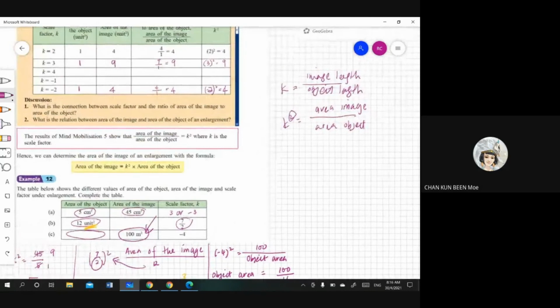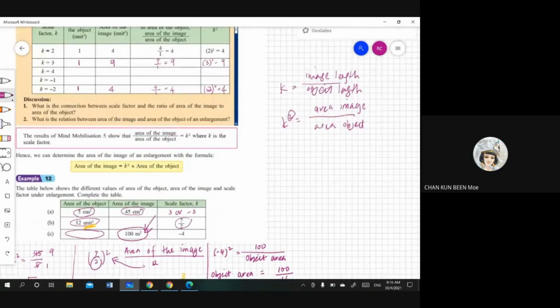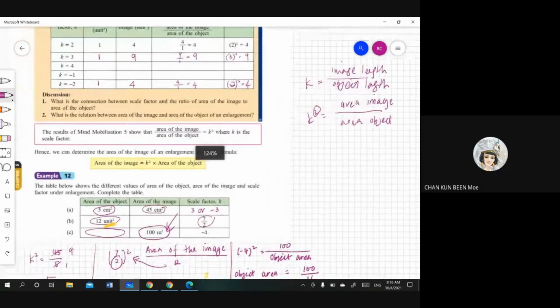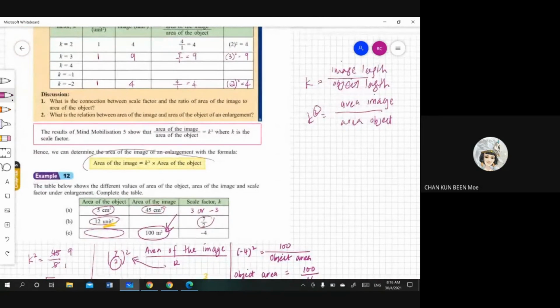That is the area of the image over the area of the object. It's up to you which one will be easier to memorize. If it's easier for you to memorize area of image equals K squared times area of object, then you memorize this. Otherwise, just go ahead with the other one. Okay, so in this enlargement, you learn how to find K, you learn how to find K squared. That's all for this enlargement.